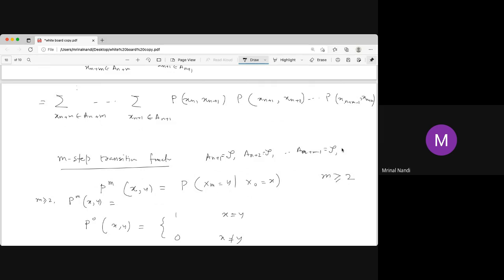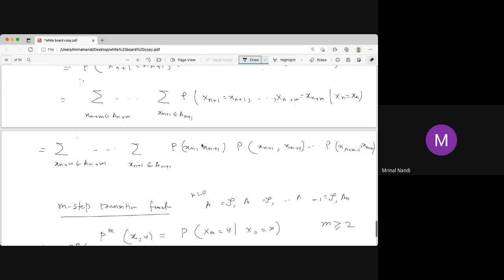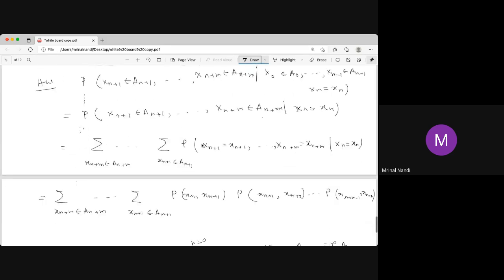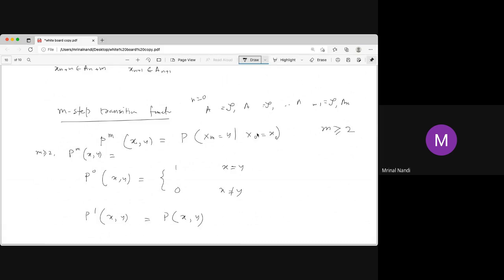Here n is 0, because we condition on X_0 equal to x_0. So A_{m-1} is the whole state space, but A_m is {y}, a singleton set with only one element.